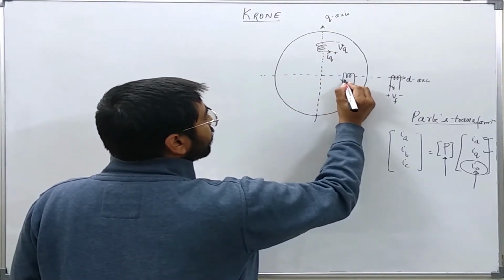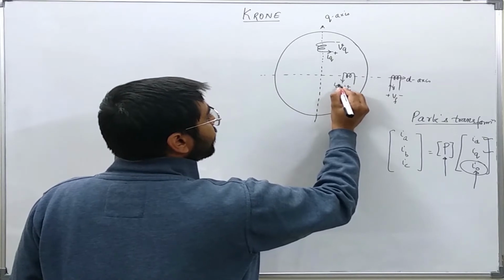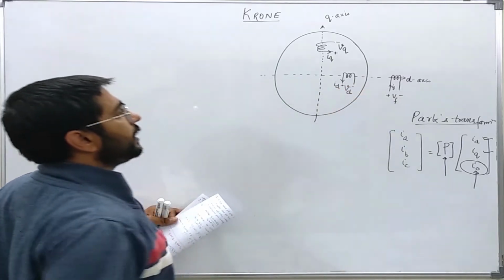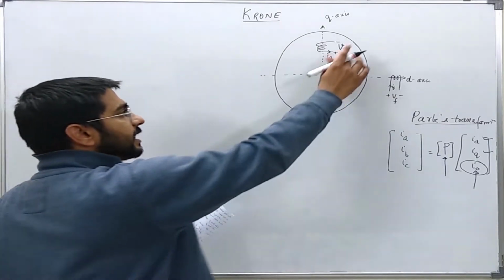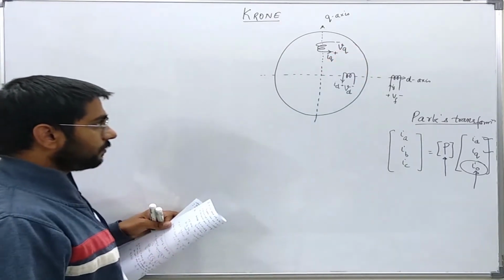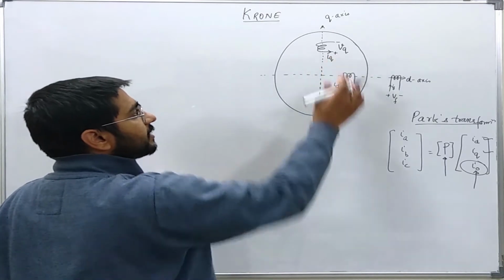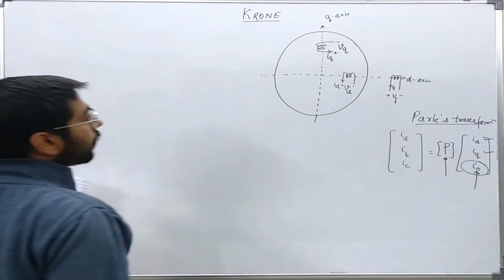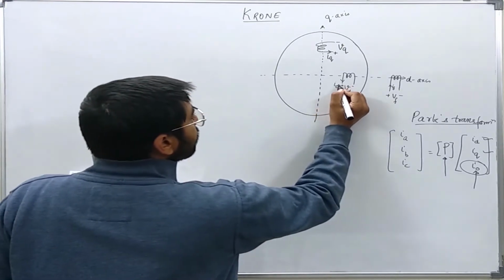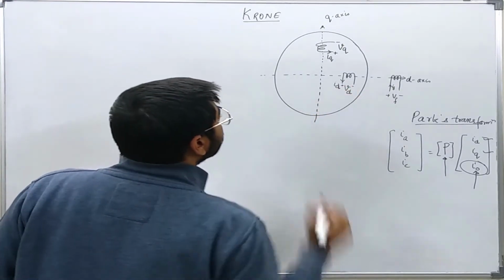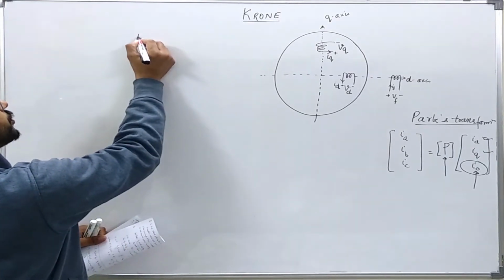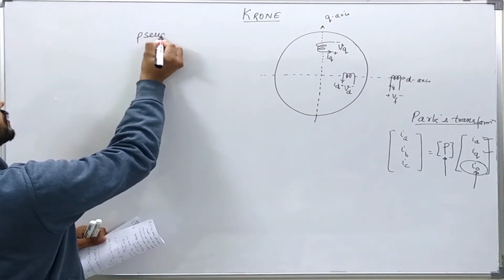Similarly, this current is ID and this voltage is VD. These are AC actually. This plus and minus shows the instantaneous polarity at some point of time. Now there is a term called pseudo stationary.